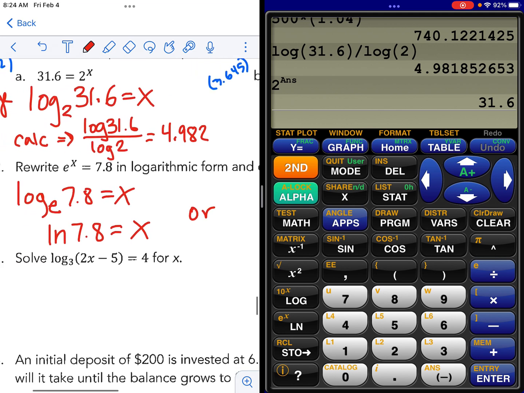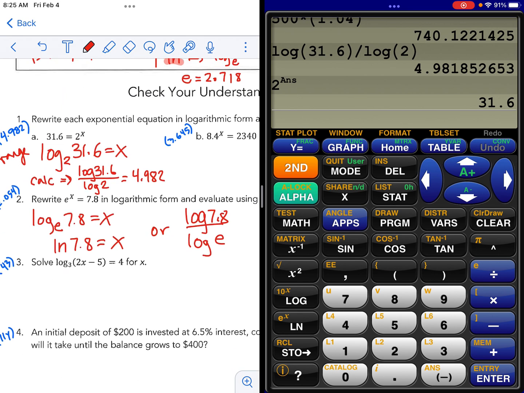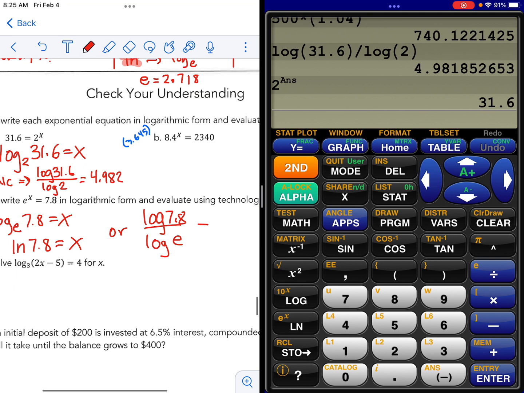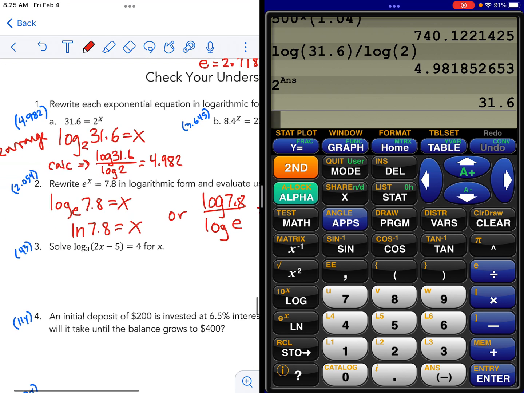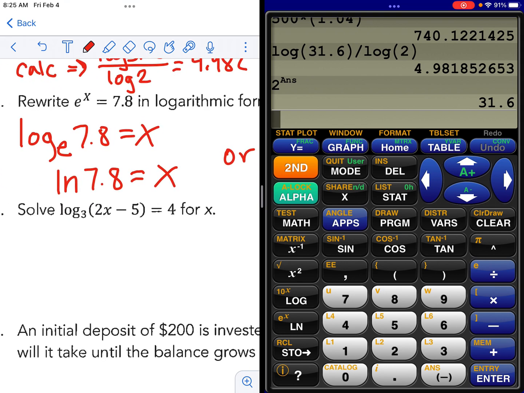But you can also do log of 7.8 over log of e, and get the answer. So that's another way, but log base e is natural log.